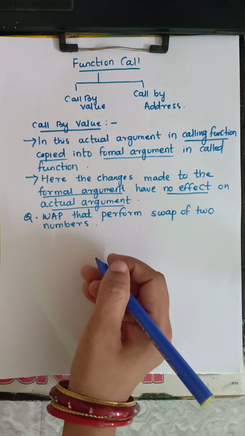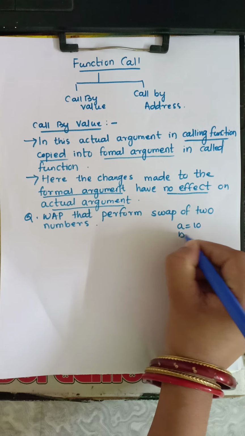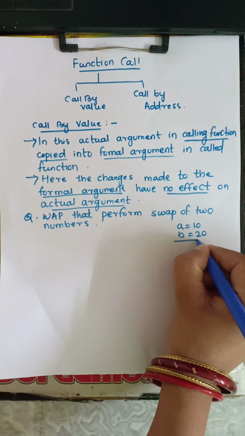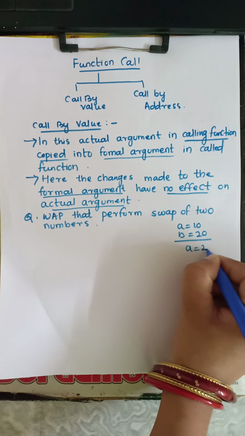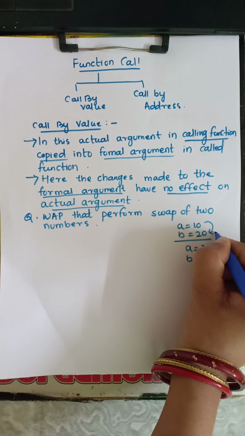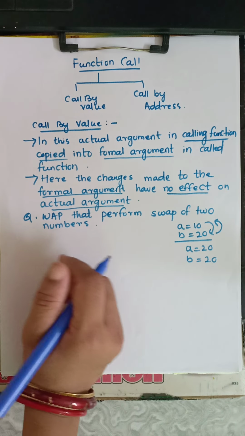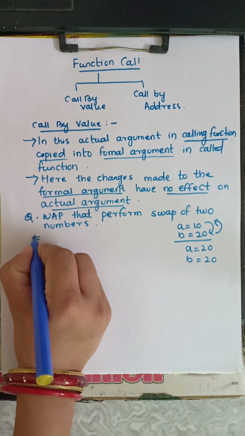Swap means interchanging two numbers. If we enter a equals 10, b equals 20, then after swapping our result is a equals 20 and b equals 10. The values are interchanged with each other. This is called the swapping technique. So first we are writing the program.